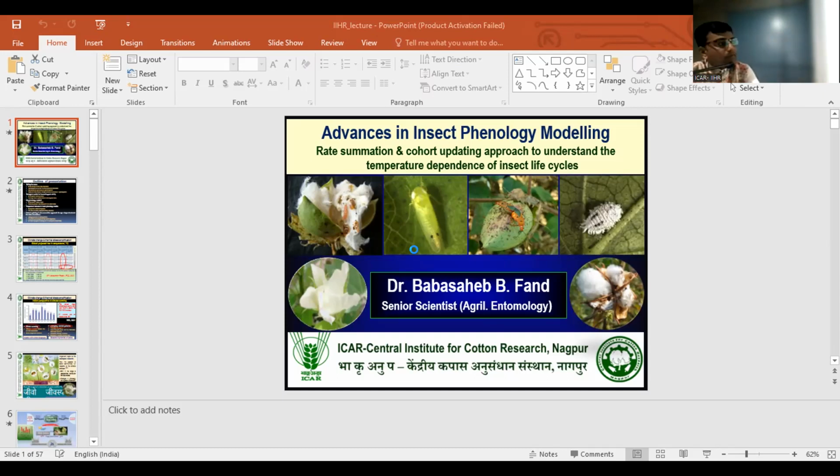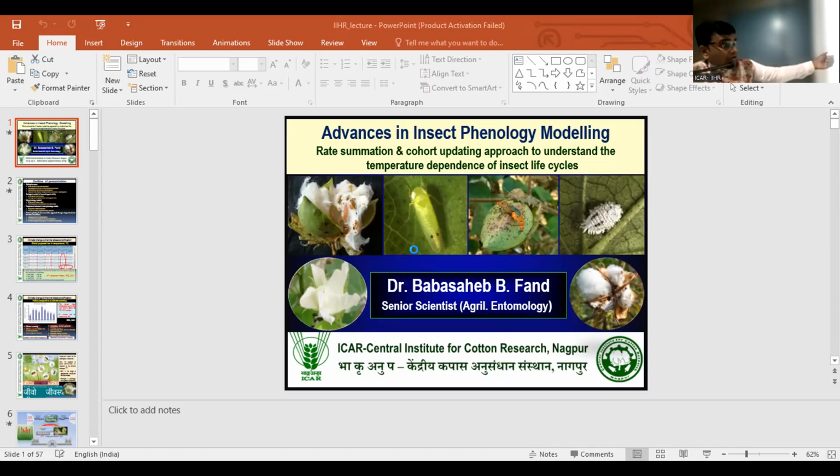Shared socio-economic pathways are being considered. Socio-economic developmental aspects of each region or country are considered, and accordingly the projection models estimate that a 1.4 to 4.4 degrees Celsius rise is likely.